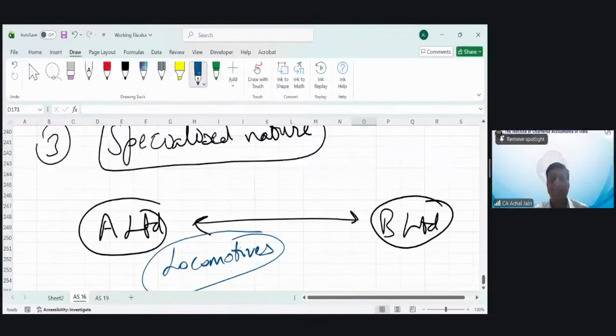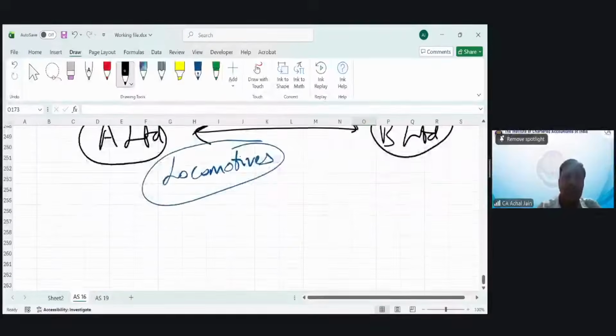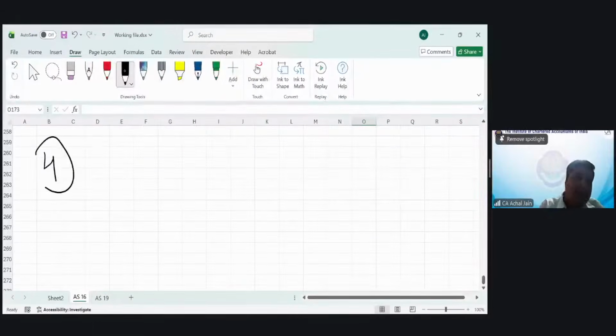Yes, sir. So therefore, what will happen? This will again be an indicator of finance lease. Clear? Next indicator.